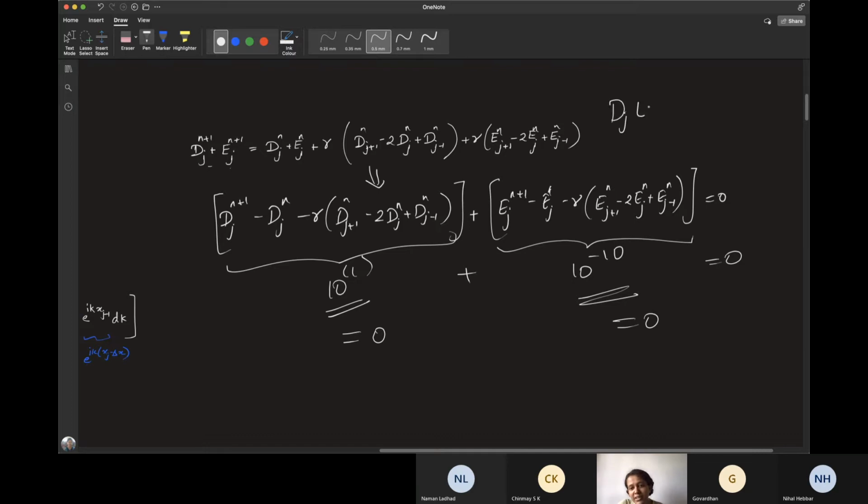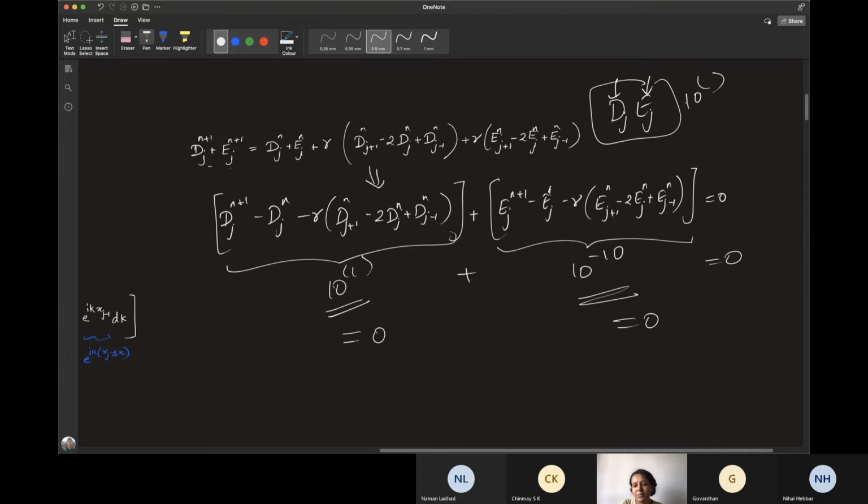Suppose we had combinations of dj and ej, then the orders will be different, and we can't make such arguments so easily. It won't be straightforward, because we'll have other digits of different orders. Then we'll have to look at the orders of both the terms, and that will be of some other order.